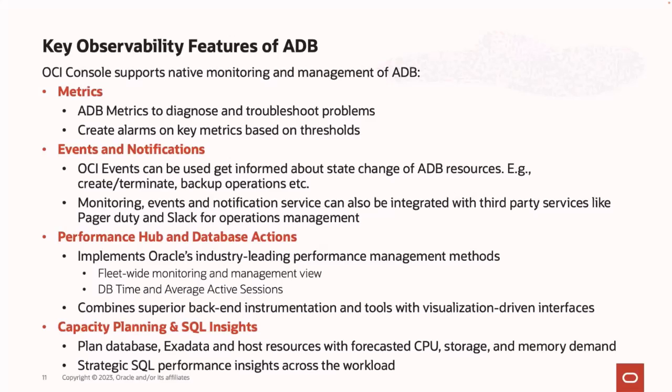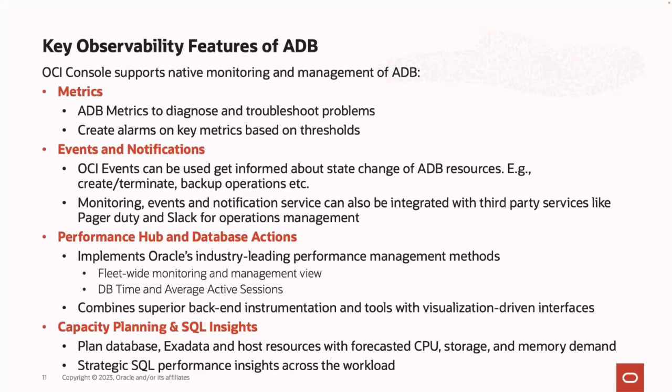Then, from an observability and management point of view, we have the Database Management service, which offers performance tuning tools well known to you from Oracle Enterprise Manager, such as Performance Hub. It lets you look at a fleet-wide view of databases across your workload, whether on-prem, cloud, or Autonomous Databases, and you can manage them from a single pane of glass.